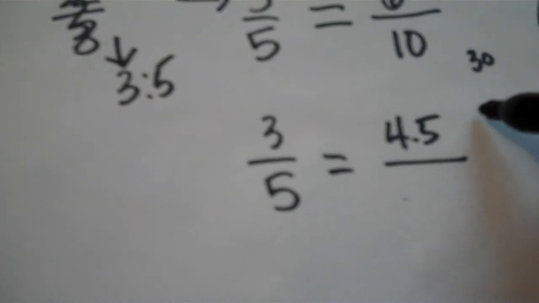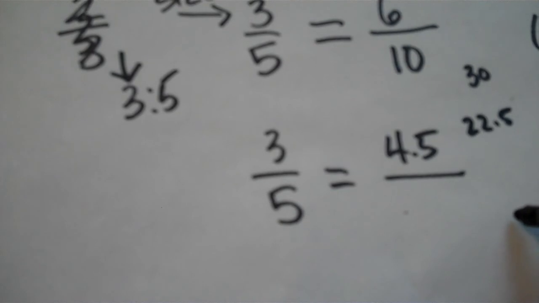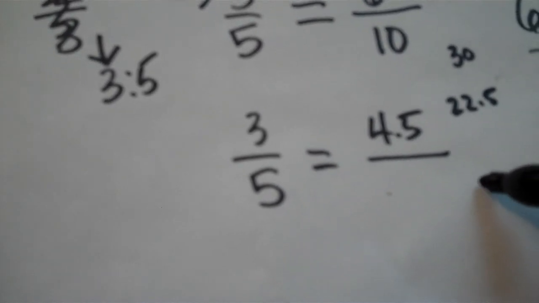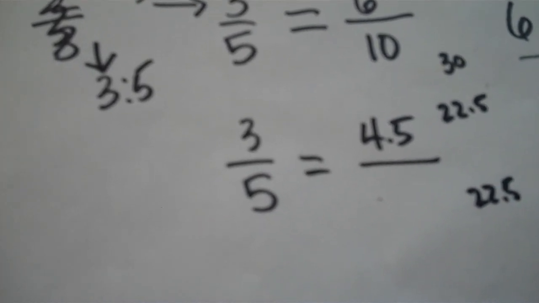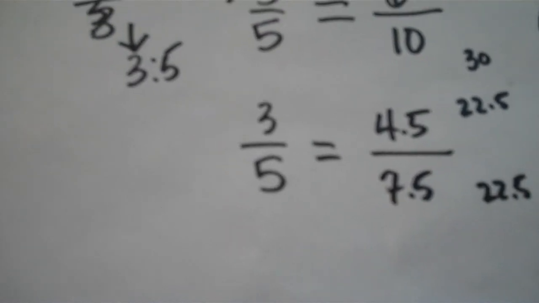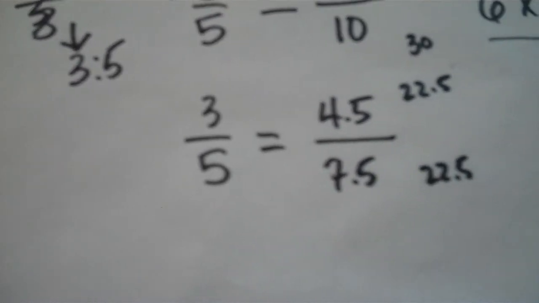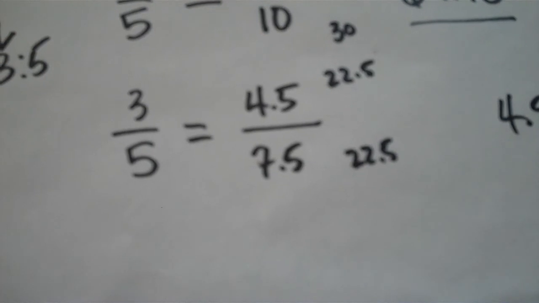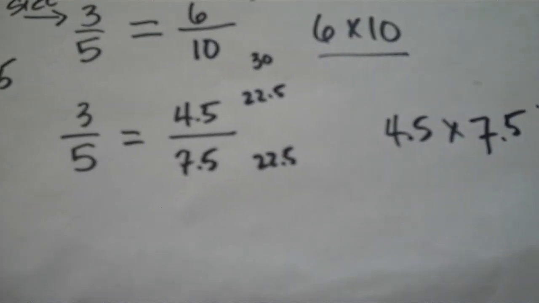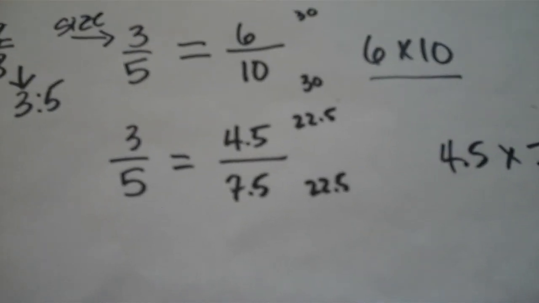And what we'll need on the bottom is 3 times what will give us 22.5. And that should work out to 7.5. So if we change our top number from 3 to 4.5, we'll get a 4.5 by 7.5 rectangle. Okay? And I'll put the chart up on my blog.